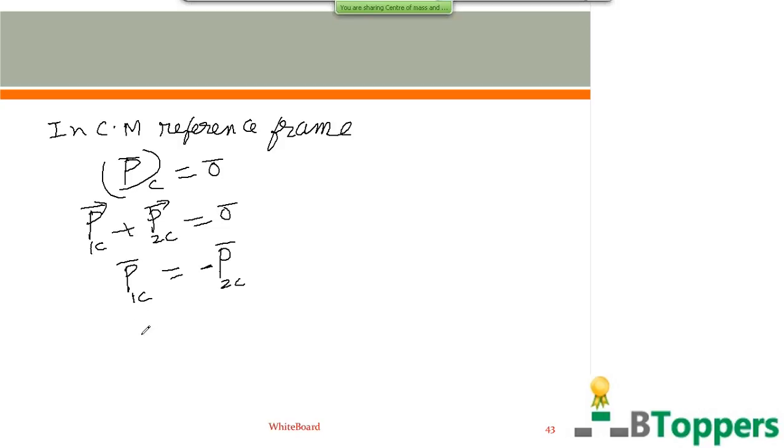P bar 1c you can write as m1 into v bar 1c, and p bar 2c as m2 into v bar 2c. That means the relative velocity of m2 with respect to center of mass will be opposite to the relative velocity of m1 with respect to center of mass.